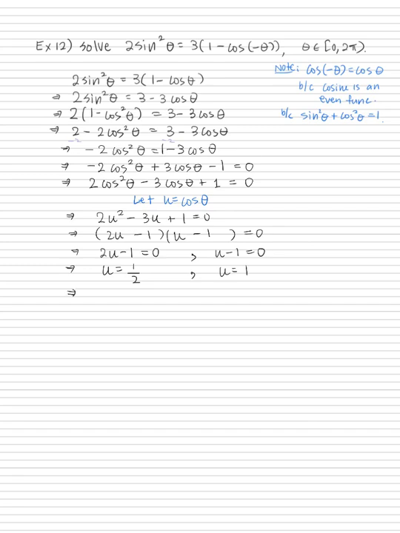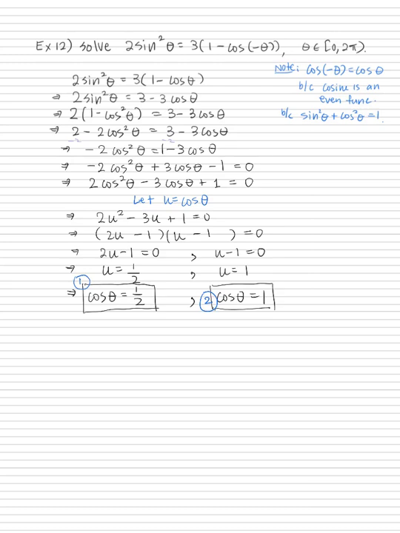Our u was cosine. So replace: cosine of theta is 1/2 and cosine of theta equals 1. We have two things going on again, just like the previous example. Let's call this one circle 1 and this one circle 2, and we'll work them separately.